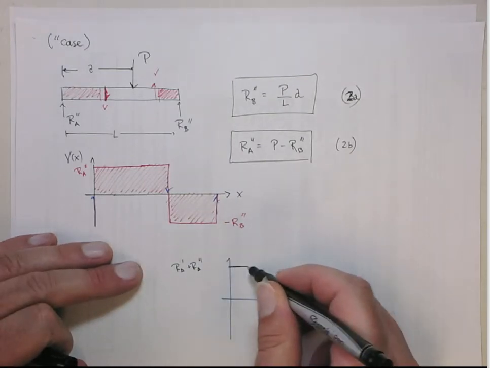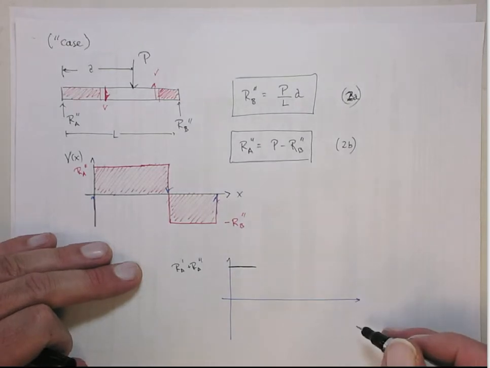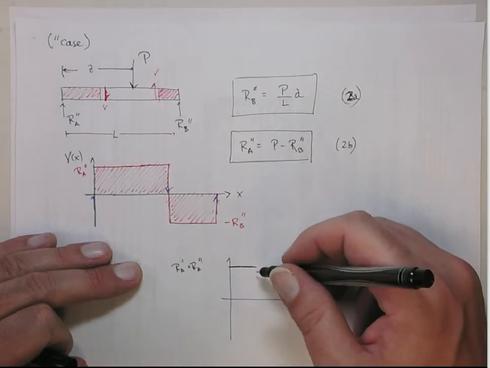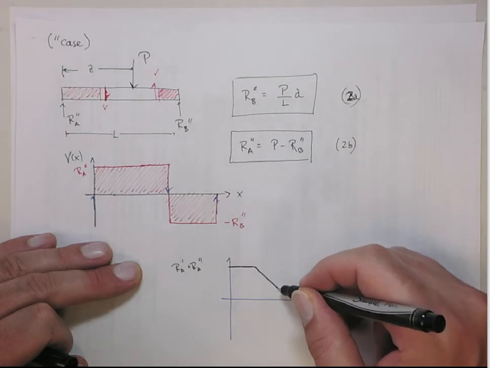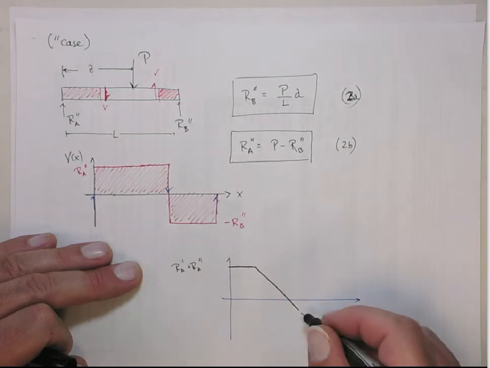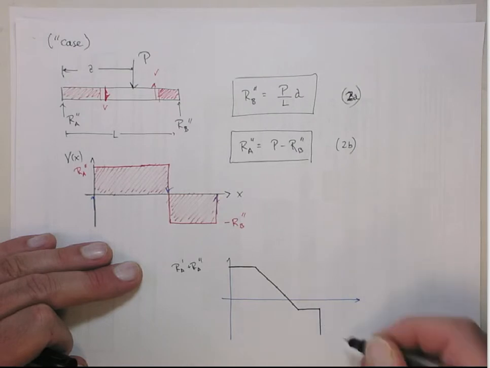They will go at a constant value until we get to the point where the distributed load is. All right? And then that will drop linearly to the point where the distributed load stops. It'll still keep going on. And then we get to the point where P is applied, and that'll drop it down by P. So it'll be something kind of like this.